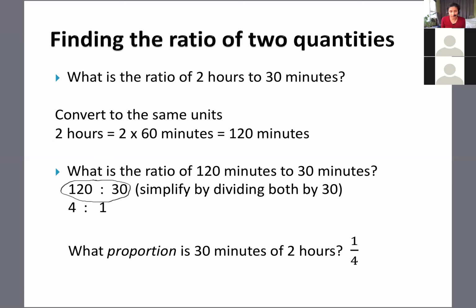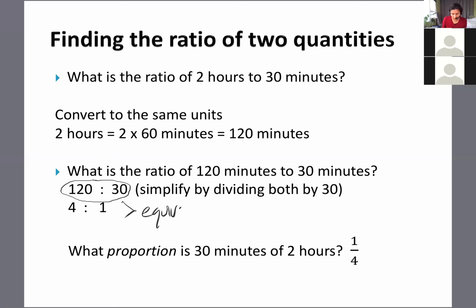And ratios simplify in exactly the same way as fractions. So just as for a fraction, if you divide top and bottom by the same number, you get an equivalent fraction. Same with ratios. If you divide both sides or all parts of the ratio by the same number, you get an equivalent ratio. So these ratios are equivalent.